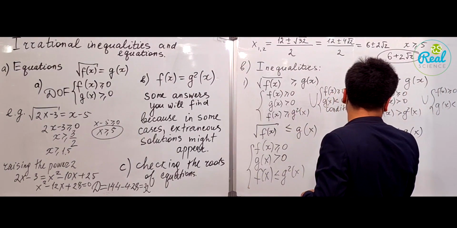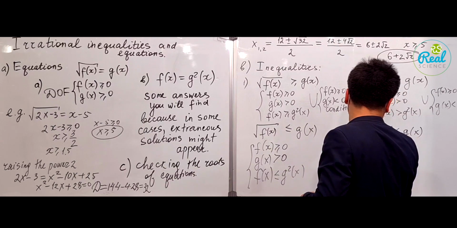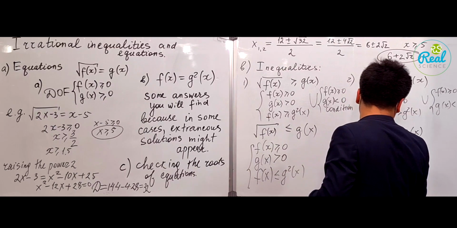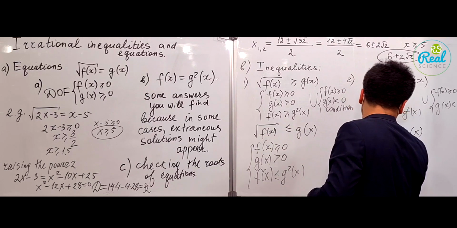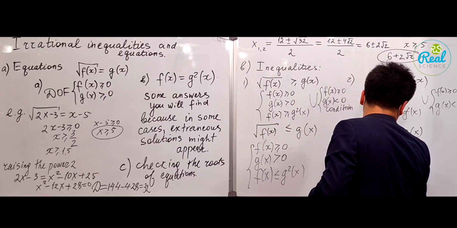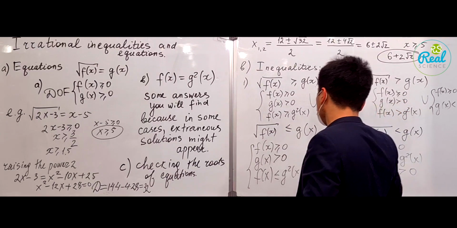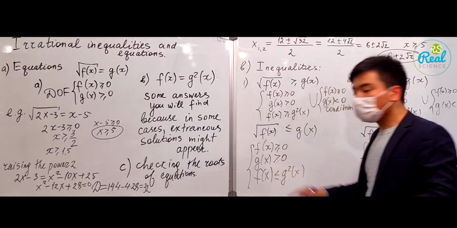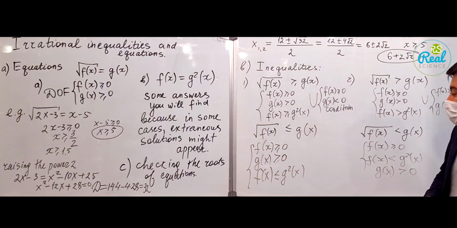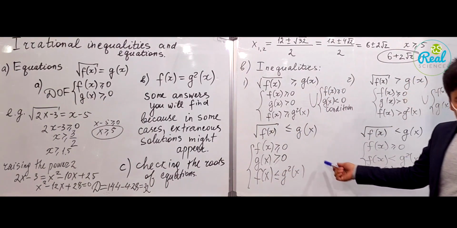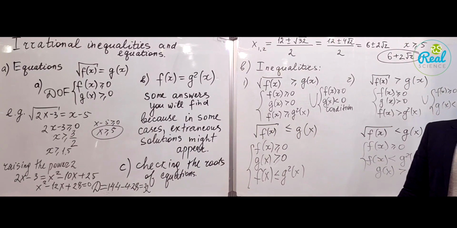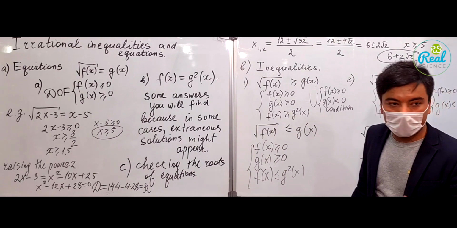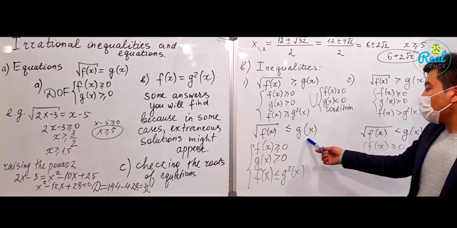Now, f(x) must be positive, and g(x) must always be positive, but it cannot be 0. And here it can be 0, because there is a dash. Out of the square root it's possible to extract 0, but not a negative number.